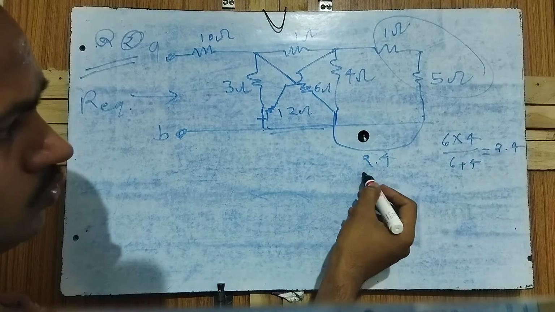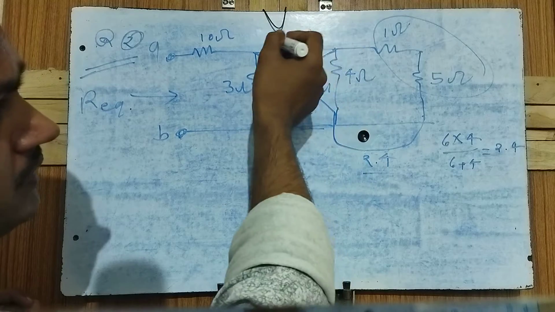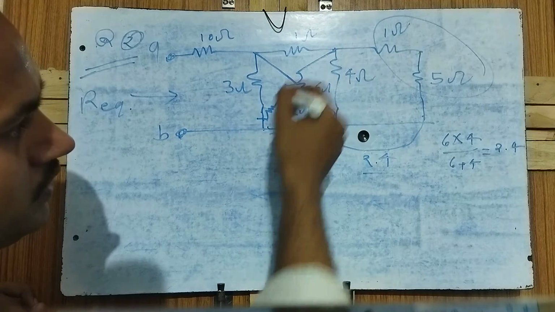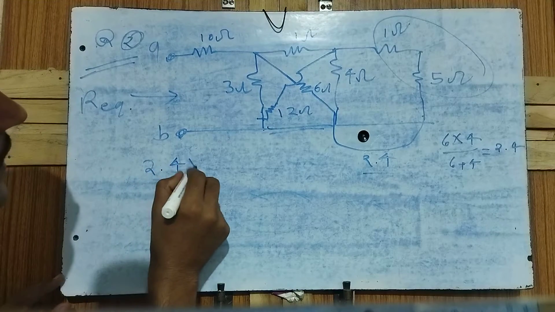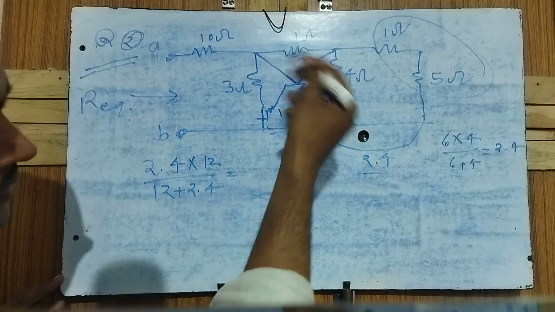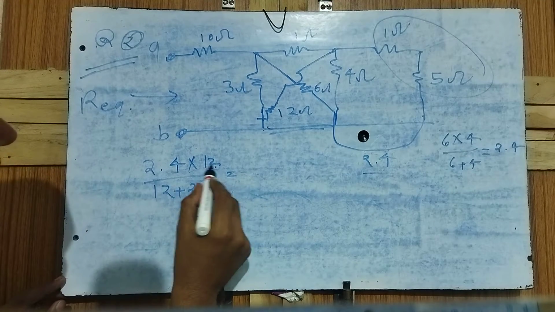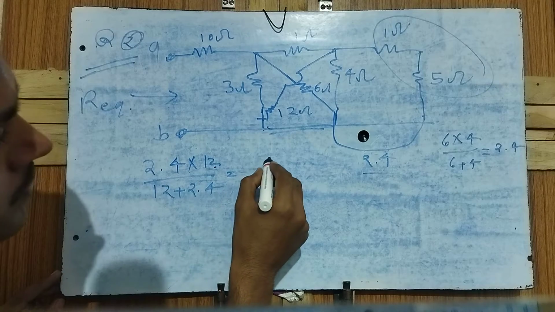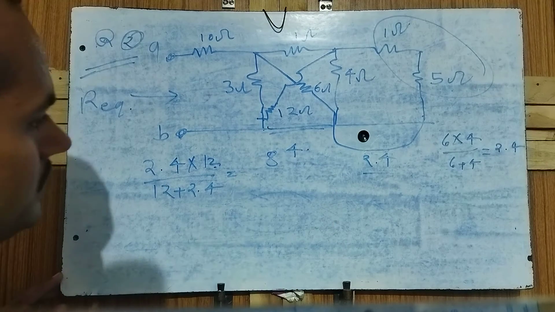So 2.4 is again parallel to 12 ohm: 2.4 into 12 divided by 12 plus 2.4.